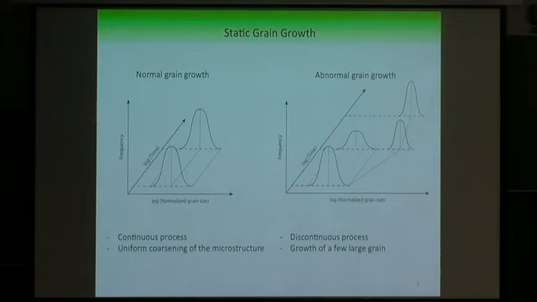And if we continue on with time, we can get back to this normal grain growth process. So it's a discontinuous process where large grains develop at the expense of the small grains forming the matrix. So I'm going to talk mainly about normal grain growth.